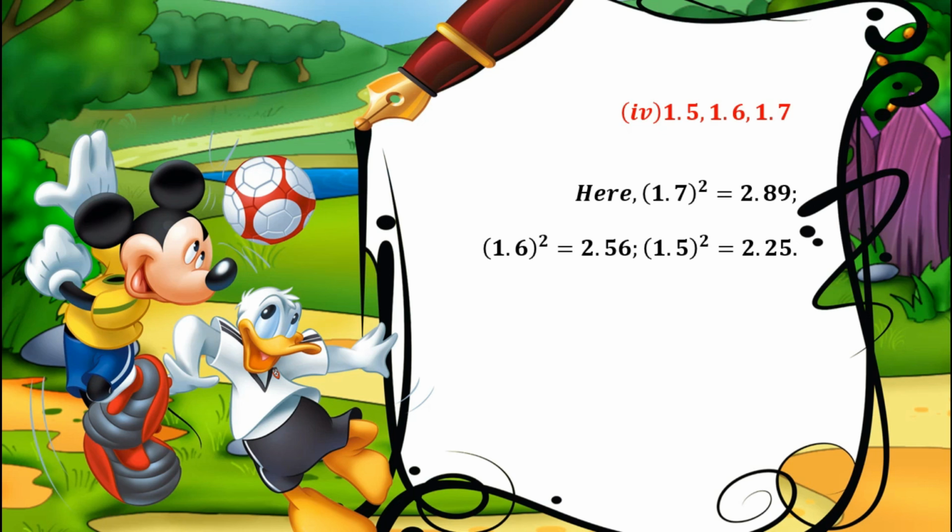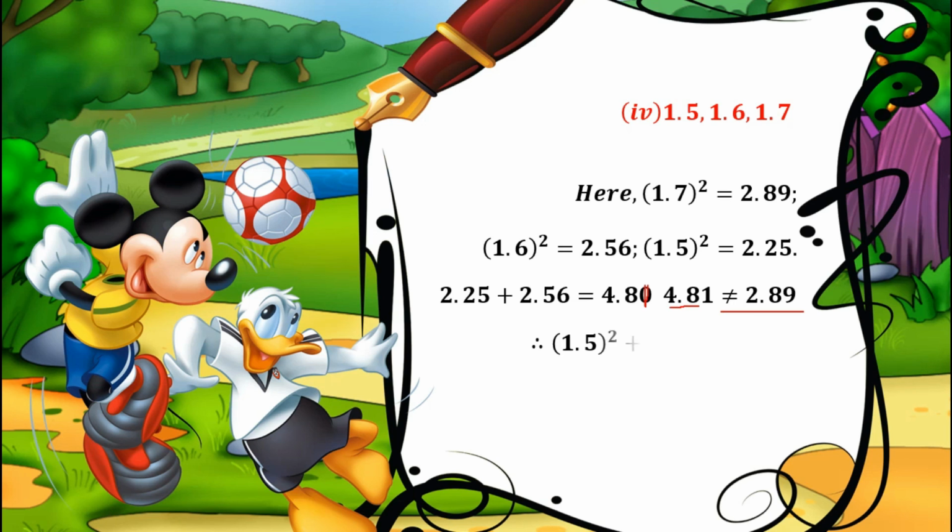So you will see here the addition of 2.25 plus 2.56 will be 4.81 and 4.81 is not equal to 2.89.